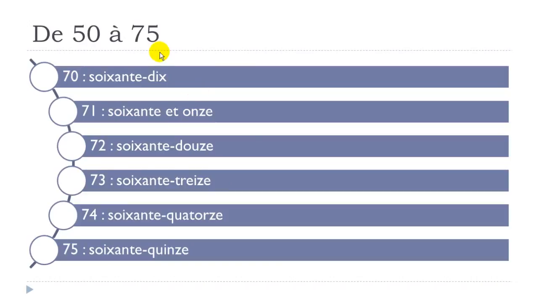Okay, so remember that from 70 to 79, you will have to use this 60, and then the numbers from 10 to 19. 10, 11, 12, 13, 14, 15, etc. So we'll see the rest in a coming lesson.